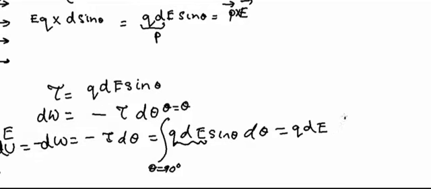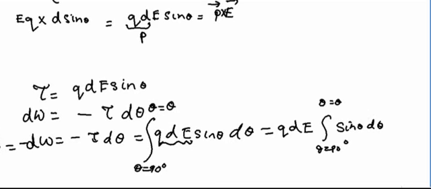So q d E integration of sin theta d theta, from theta equal to 90 degrees to any general theta. Integration of sin theta is minus cos theta.